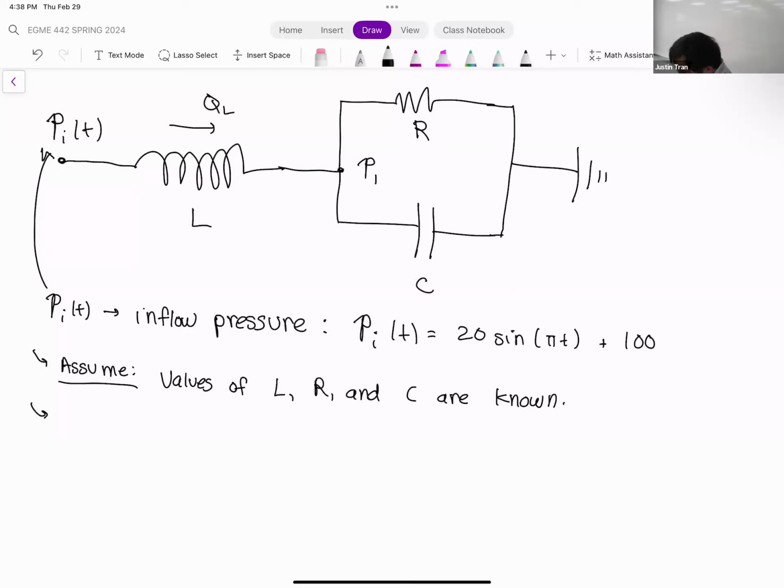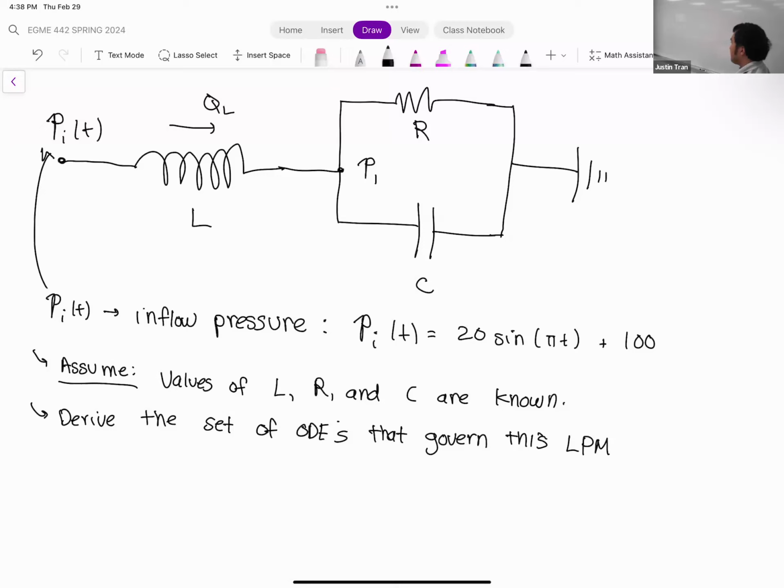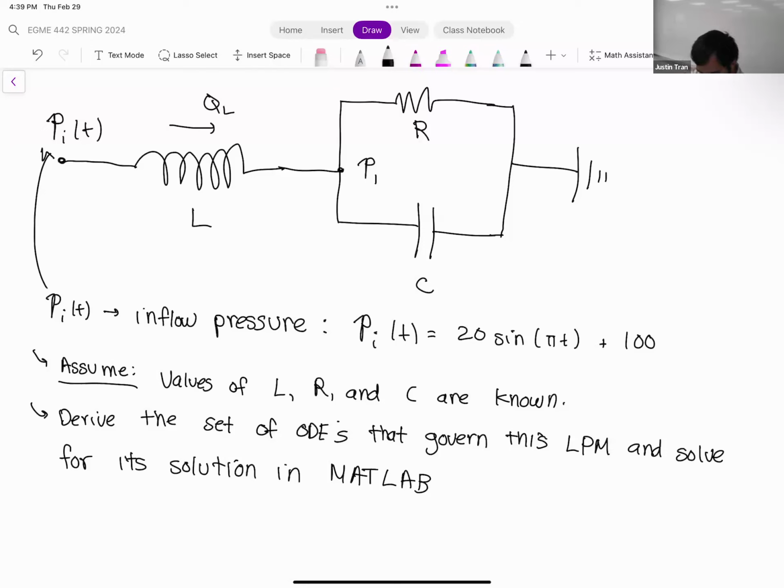Based on this information, let's derive the set of ODEs that govern this system, and then let's solve for its solution in MATLAB.